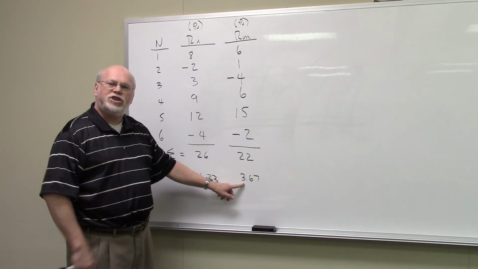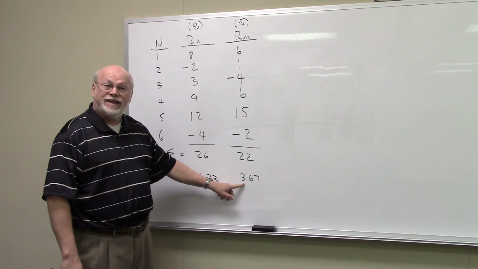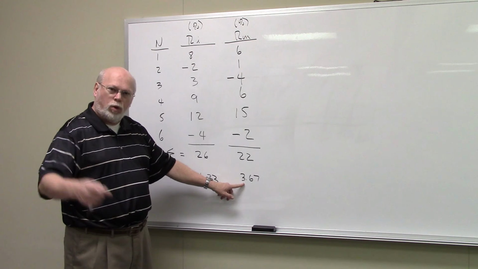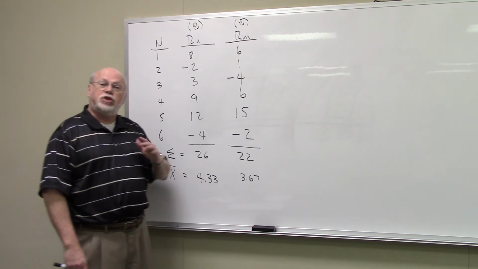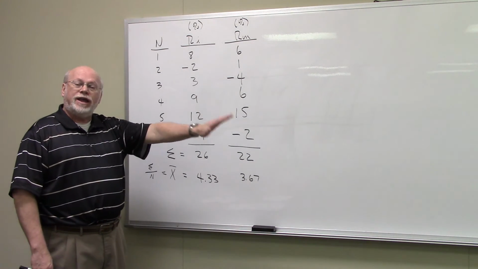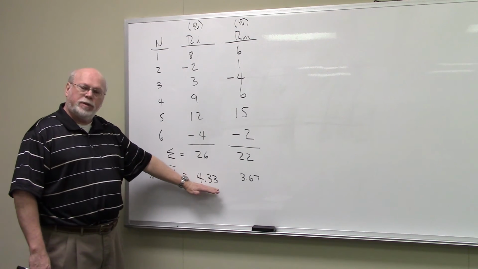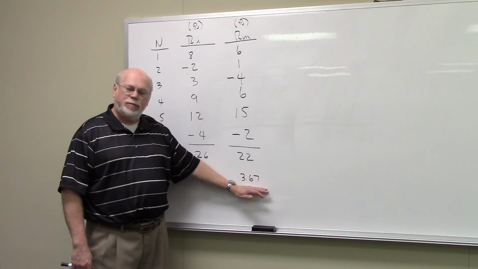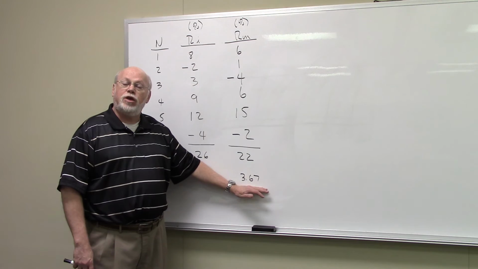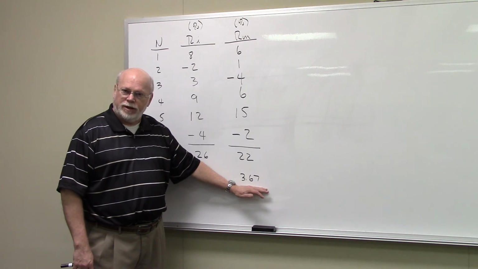What return do we expect the market to earn in the next time period, in the next quarter in this example? 3.67%. So statistically, in the next quarter, we expect the security return to be 4.33%, and we expect the market return to be 3.67%.